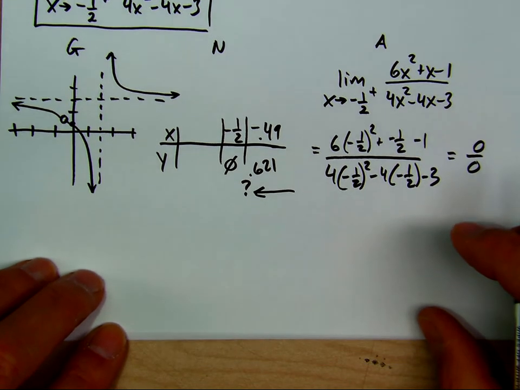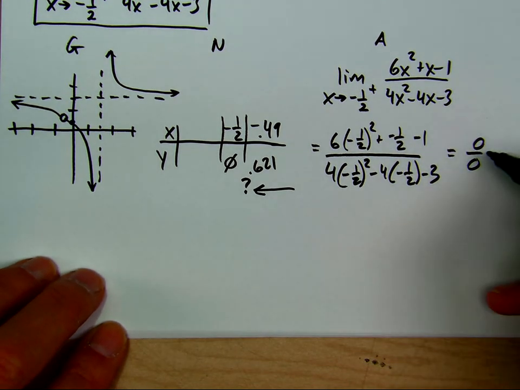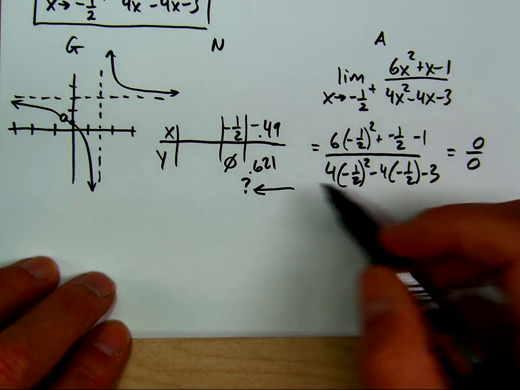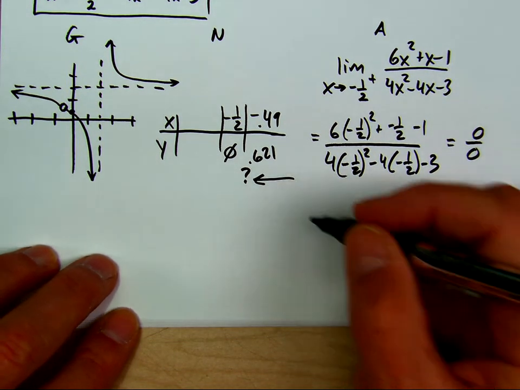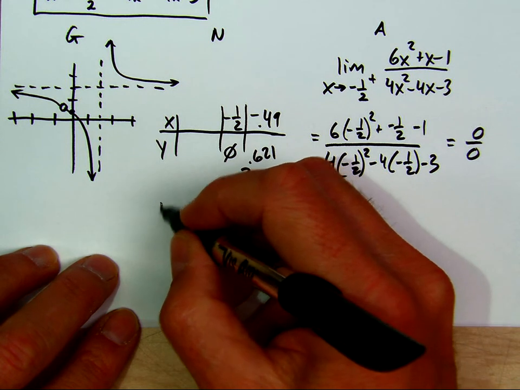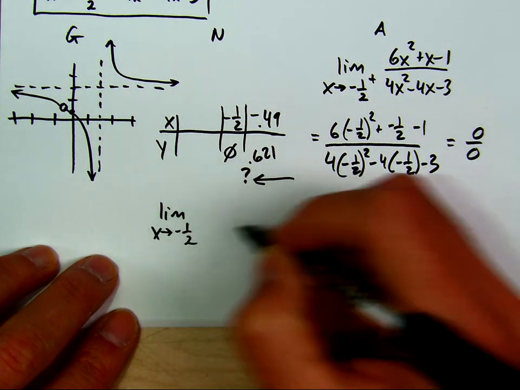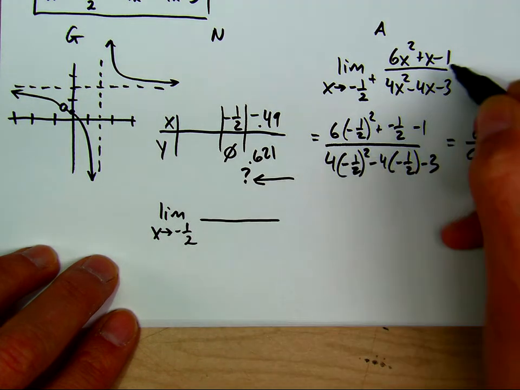So we also have a strategy from a couple lessons ago. When it's indeterminate, we may be able to cancel, and then we can just evaluate without the table. So if we cancel, we're going to factor the numerator.